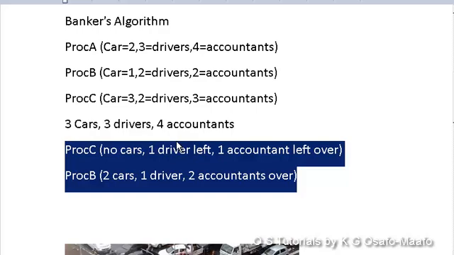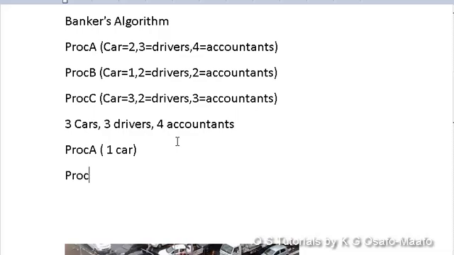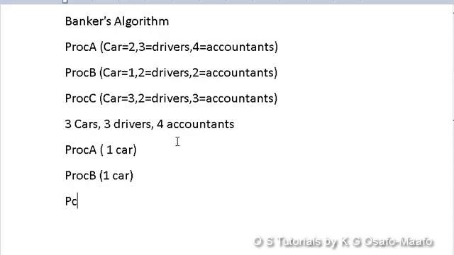Now let's discuss a case where there's a deadlock. Suppose process A currently has one car, it's holding on to one car. Process B also has one car, and process C also has one car. Nobody wants to let go of their car, right? That means there's going to be immediately a deadlock.